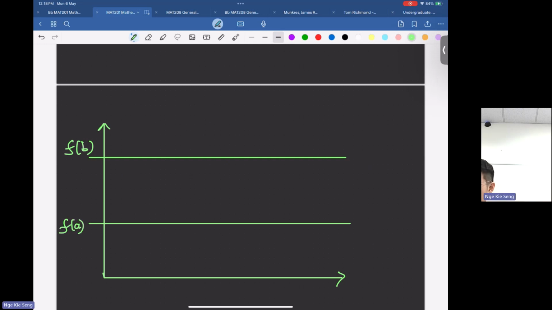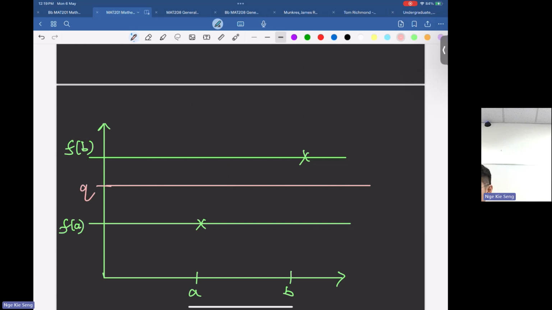And a and b are somewhere around here. I have f(a) and f(b), and I have any point q in between. It says that this point here must be achieved by some x in the middle of a and b.